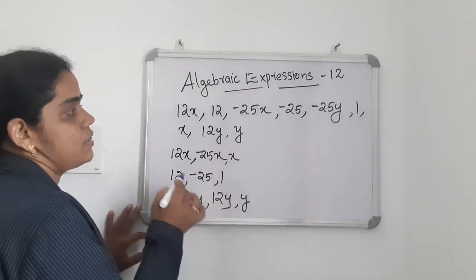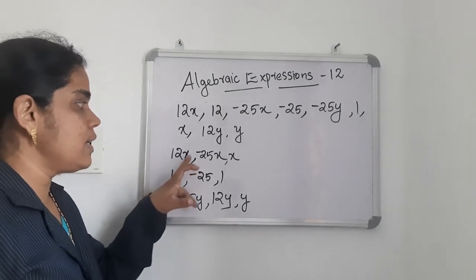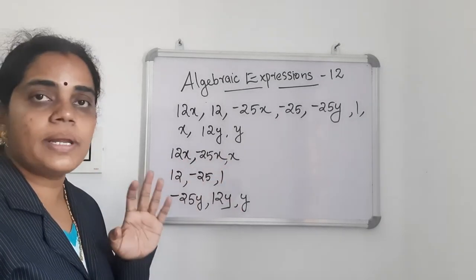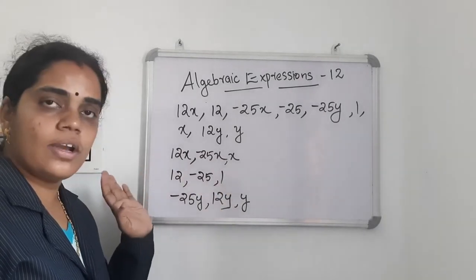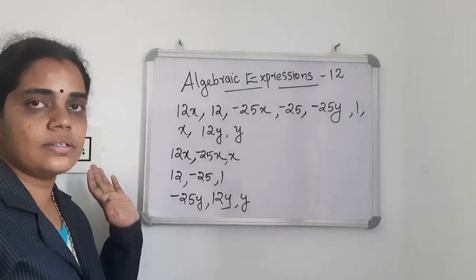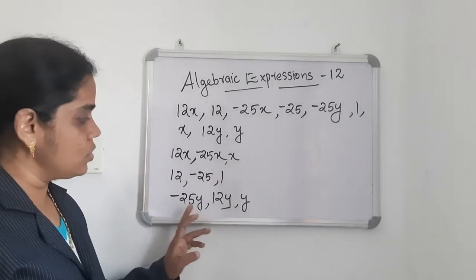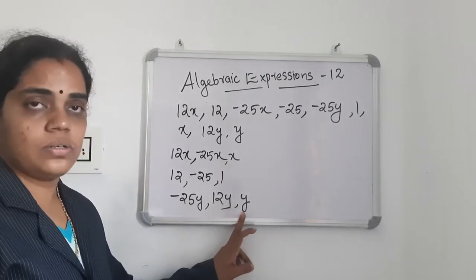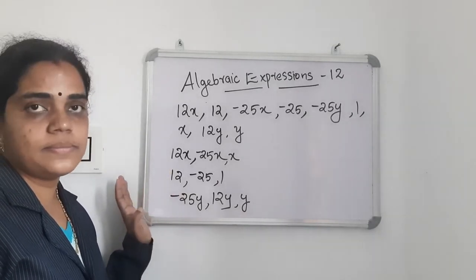This way we can group like terms together. Here the variable is only x and the algebraic factors are the same. Here there is no variable, only constants, and we can also consider those like terms. Here the variable is y. So these three terms are like terms. This way we can group like terms together.